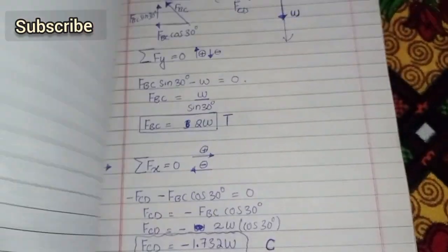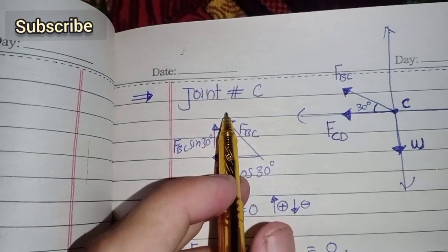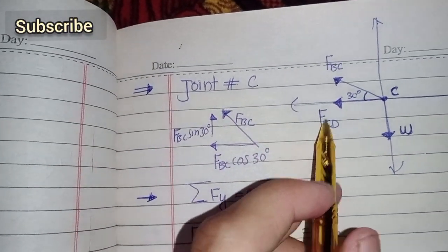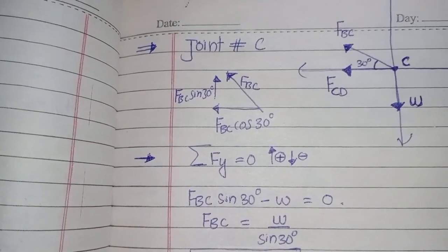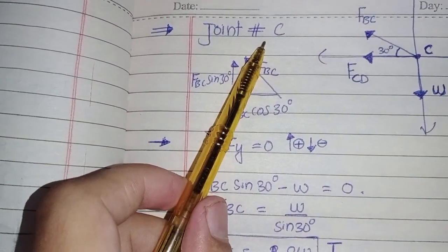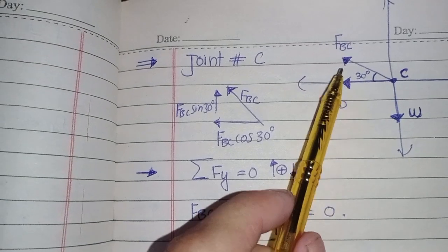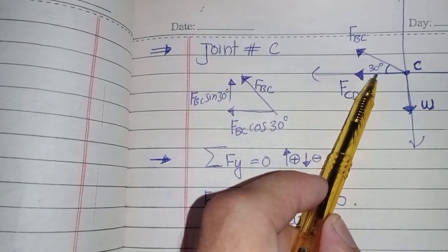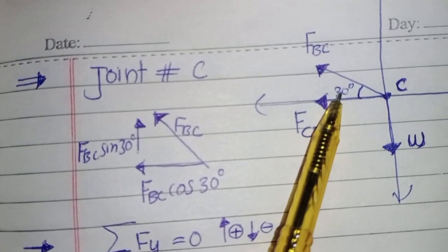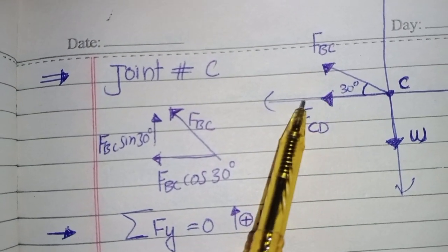Okay, so first of all I take joint C because there are two unknown forces and one known force. That's why I choose to analyze joint C. FBC is a force which makes an angle of 30 degrees with the x-axis.